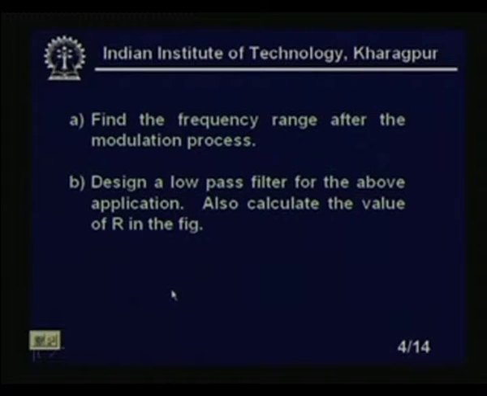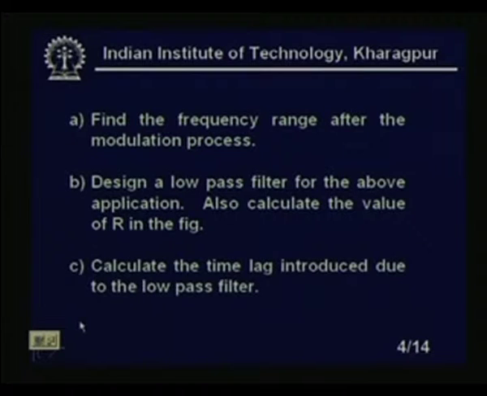Part C: calculate the time lag introduced due to the low pass filter. These are all the problems. We will solve these one by one. So, let us look at how we can solve this problem.